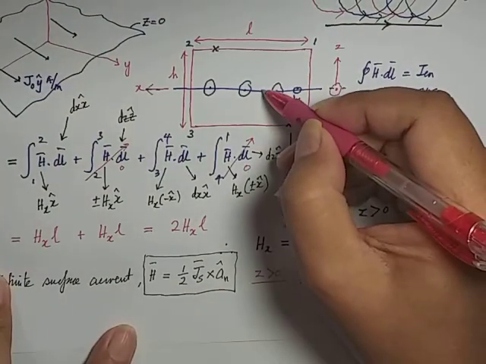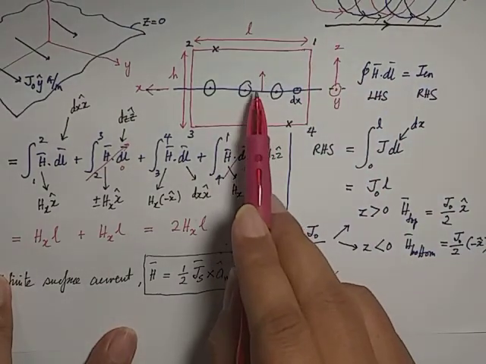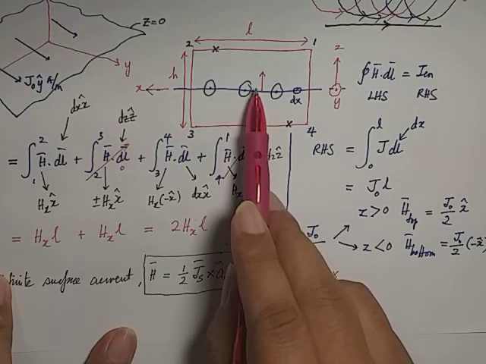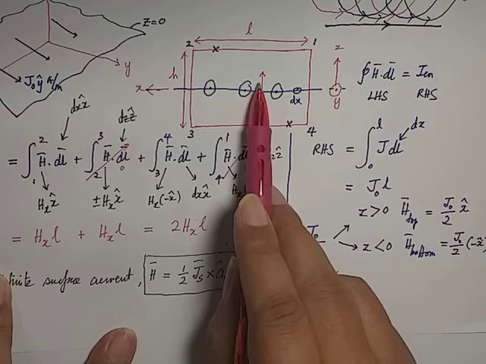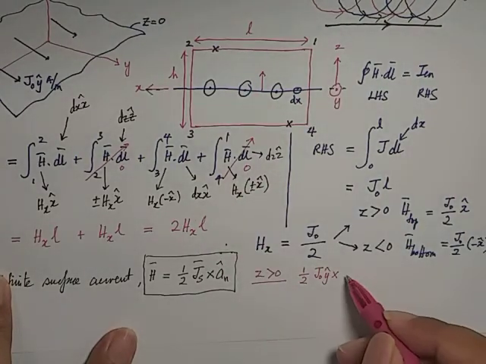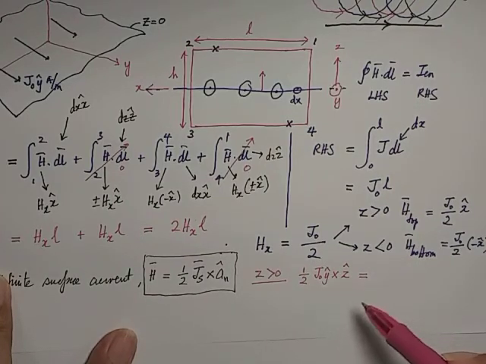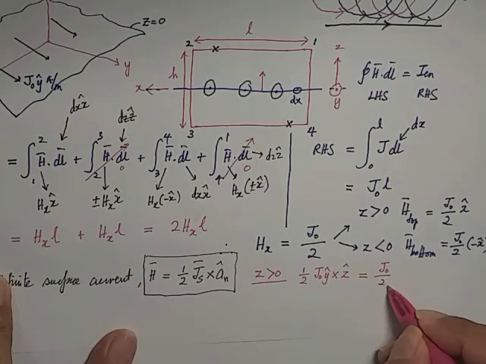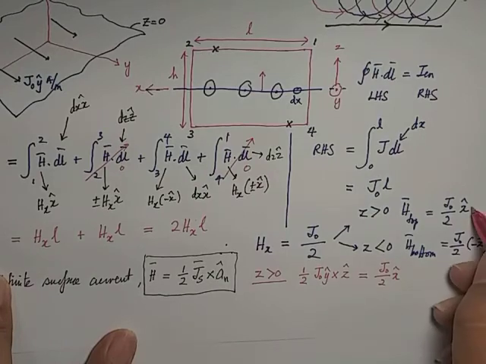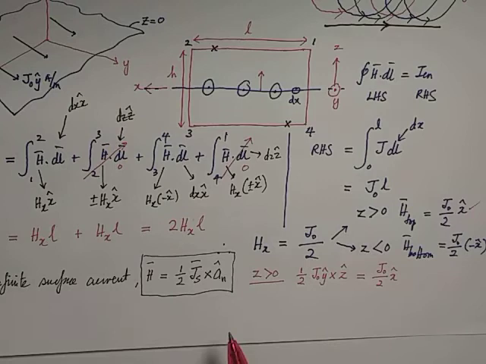An must always be away from the current, so for region z greater than 0, what is An in this particular diagram? Good, positive z. So if you multiply y cross z, what should be the solution? Good, x. So what you're going to have is J naught over 2 x. Is it the same as what we have obtained before? Yes. Therefore this formula can be used.